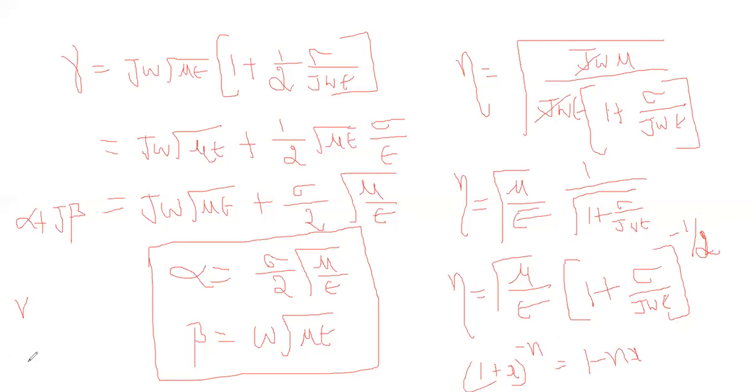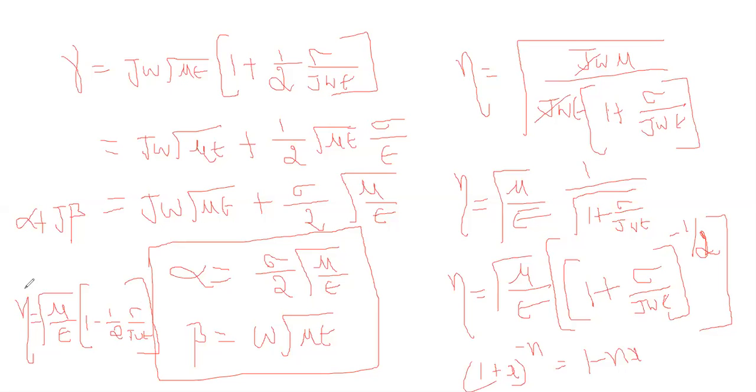So now eta is equal to under root of mu by epsilon, and for this function we apply the binomial theorem: 1 minus nx, where 1 is a multiplication factor, n is 1 by 2, and x is sigma by j omega epsilon.